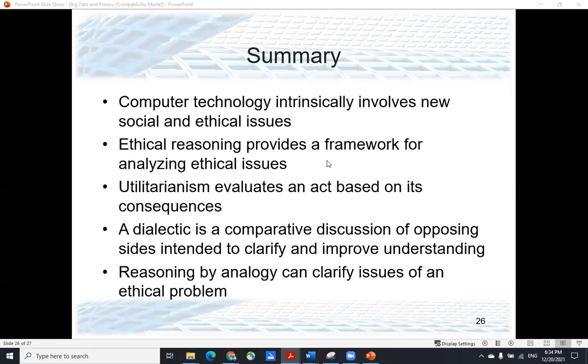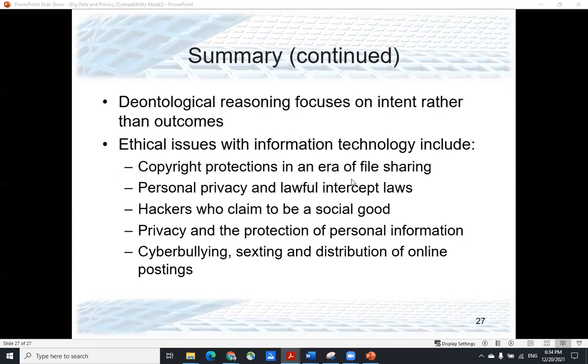So, a summary here: computer technology intrinsically involves new social and ethical issues. Ethical reasoning provides a framework for analyzing ethical issues. We talked about privacy, and we described what privacy is: private information, and why you should care about private data. Why is it important to have private information stay private? We gave you some examples.